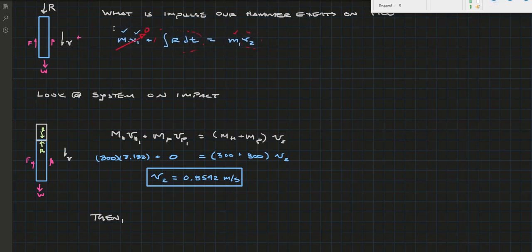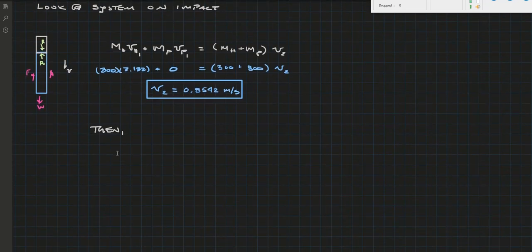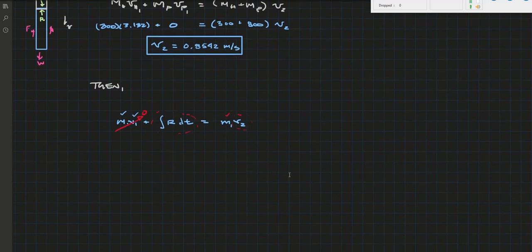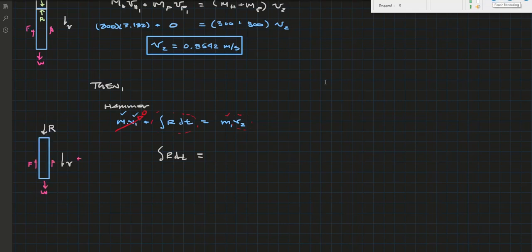We can now take the relationship we set up above, copy, and paste down here. So referring back to this again, now we have the integral of R dt. This is what we're looking for, our impulse. We're looking at this free body diagram, or rather we're going to analyze the pile instead of the hammer like they did in the example.